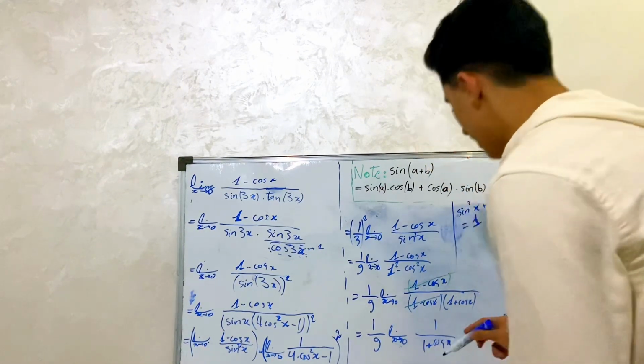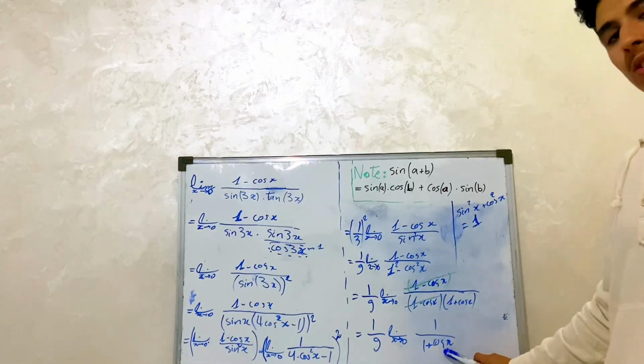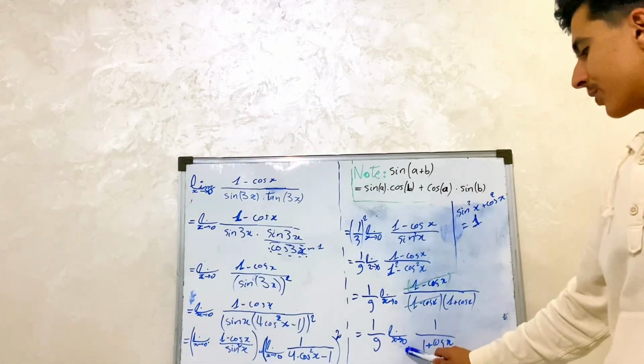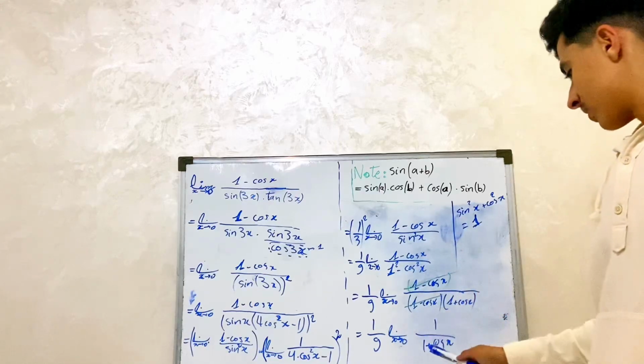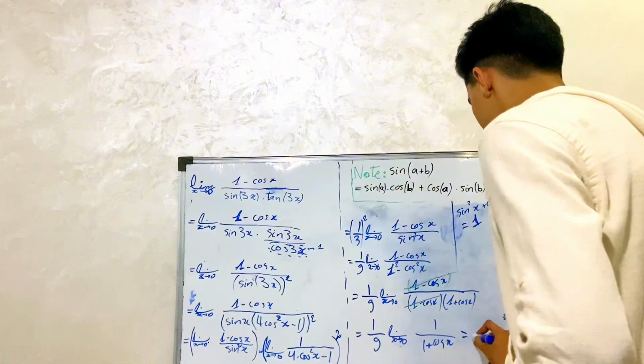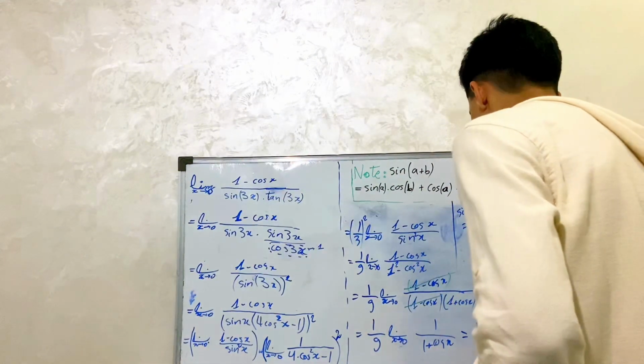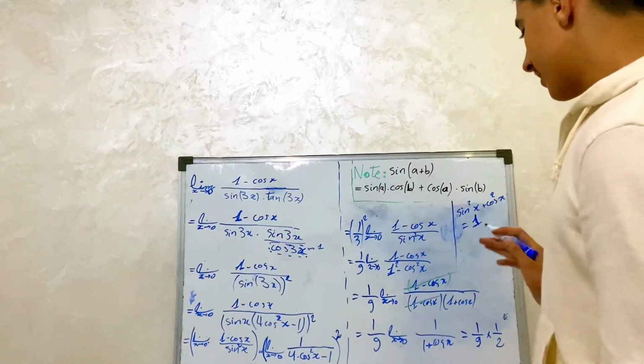So as we have just said before in the beginning, cosine of x as x approaches 0 is 1. 1 plus 1 is 2. This is basically 1 over 9 times 1 over 2. Right?